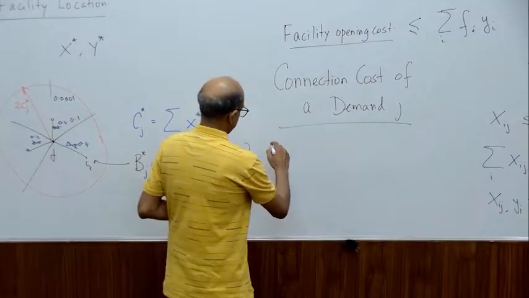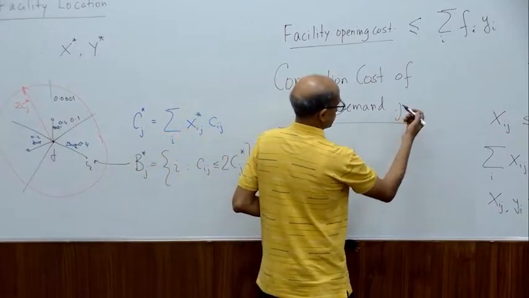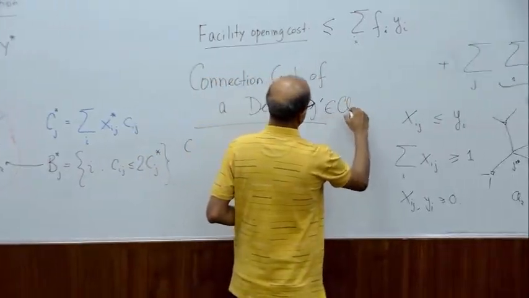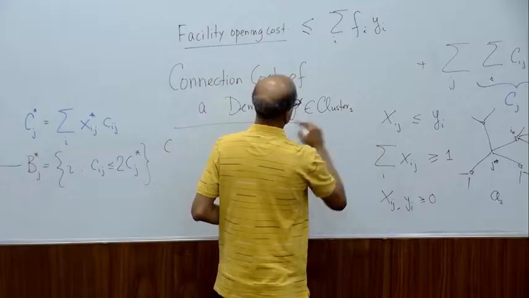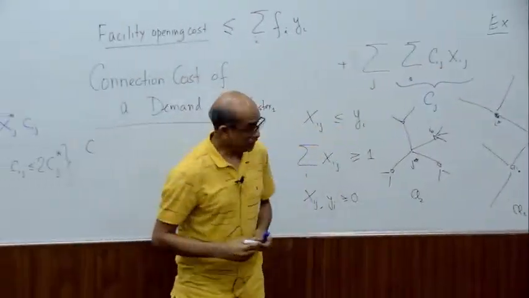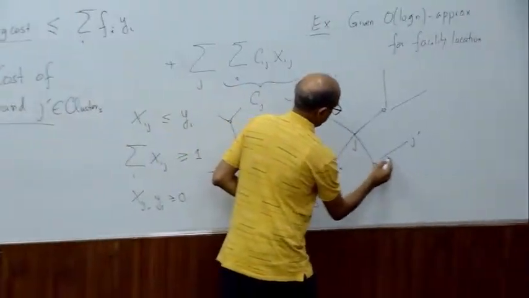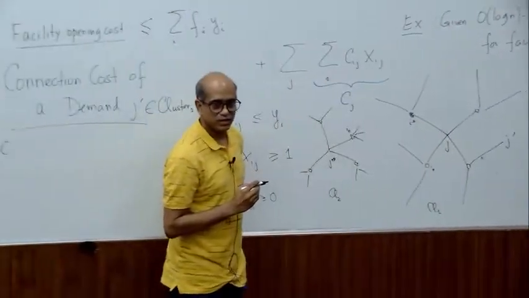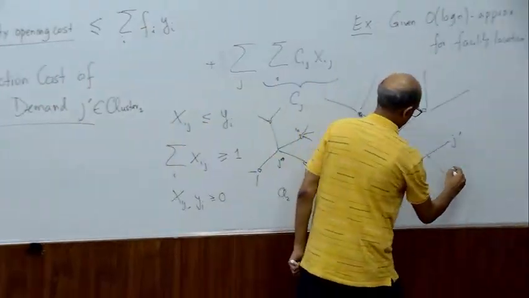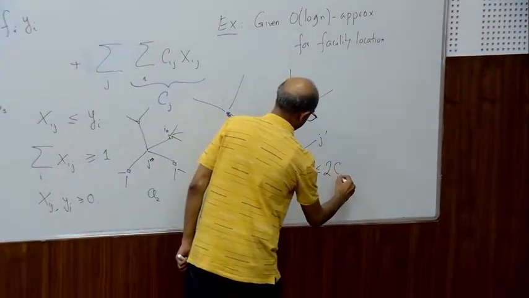Again, let's look at all the demands. Suppose this was some other J prime in cluster 1. How much is this guy going to pay? Do I have an upper bound on this length? At most 2 Cj prime.